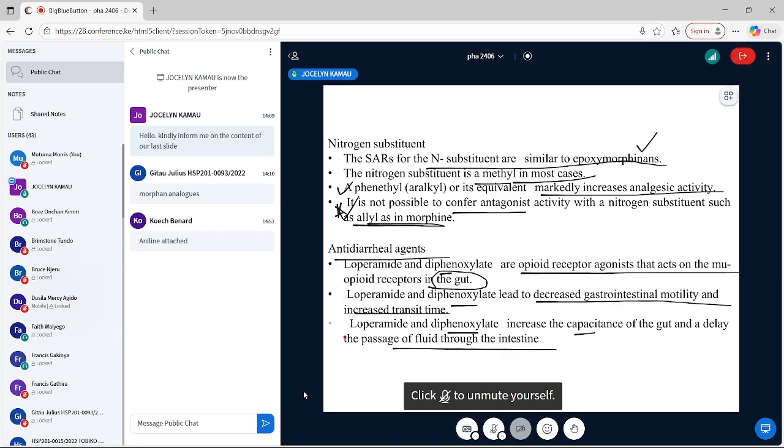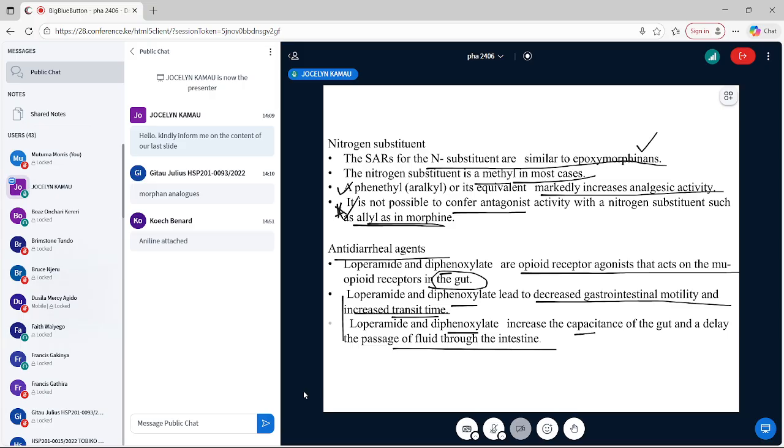In simple terminology, they act as antidiarrheal agents. They decrease the motility, and they also increase the transit time, so they will act as antidiarrheal agents.